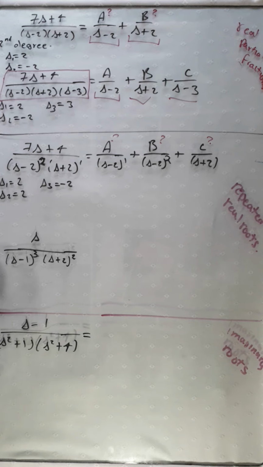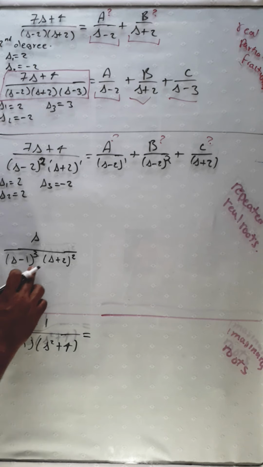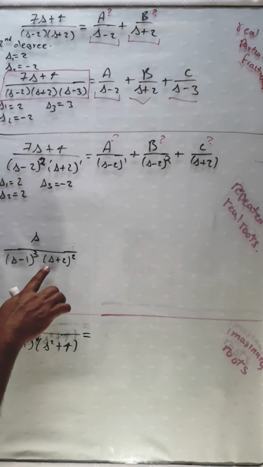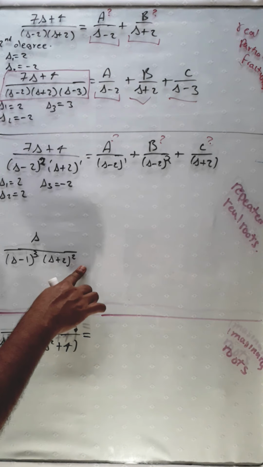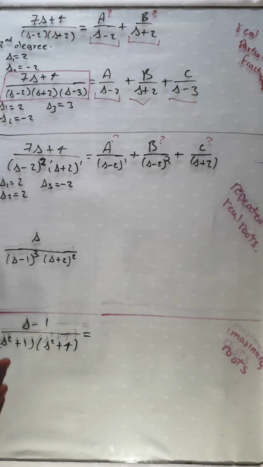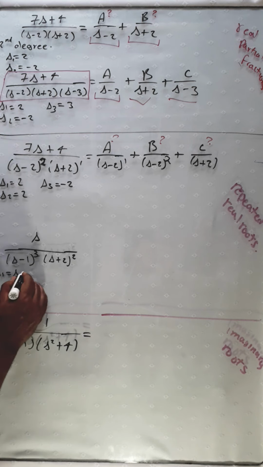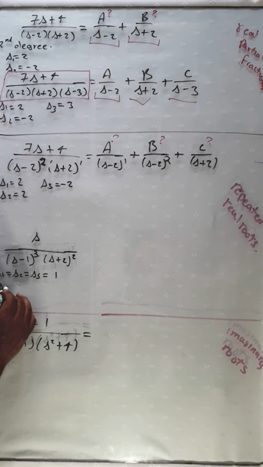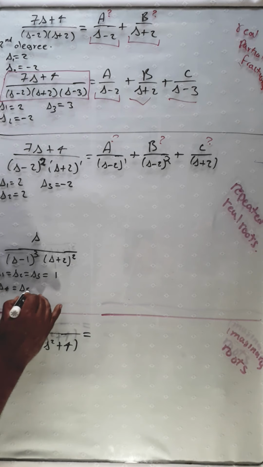Now for this example, you have (s minus 1) to the power of 3, so it is repeated 3 times, and then you have (s plus 2) squared, so the root is s equal to minus 2 but 2 times. So here s1 is equal to s2 is equal to s3, and that is equal to 1, and then s4 and s5 is equal to minus 2.